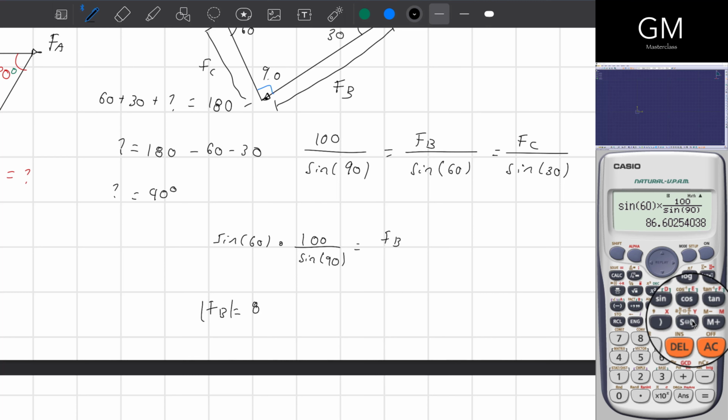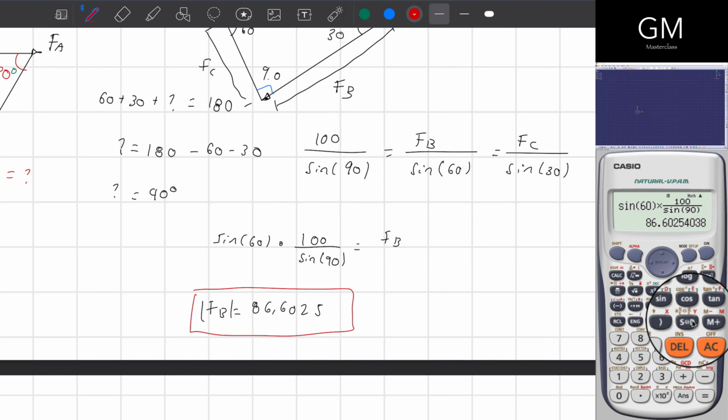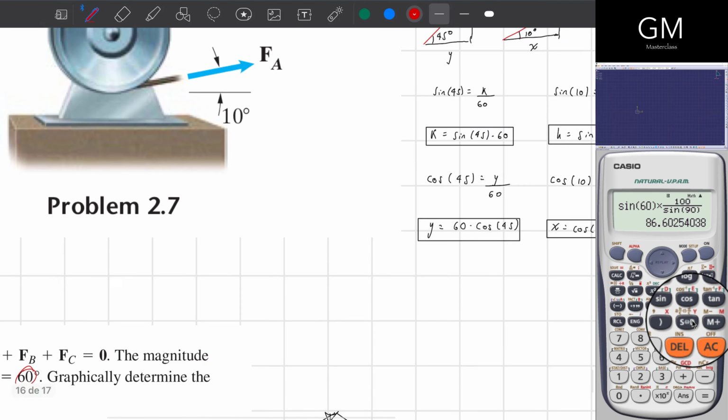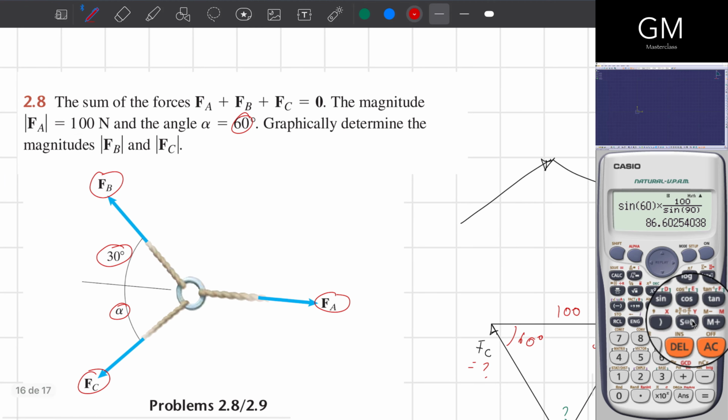This is equal to 86.6025. I always use 4 significant digits after the comma. And here we are, guys, this is the first answer. This is in newtons, because we are talking about a magnitude, a magnitude in newtons right here.